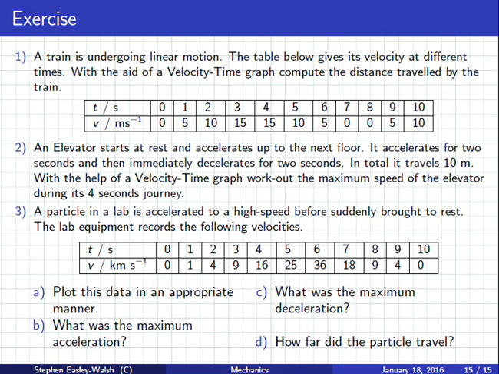Just to draw it here, for example: if we have something like this, this height is the u, this height is the v, this base is the t, this area is the s, and this slope is the a. So everything's on the graph.